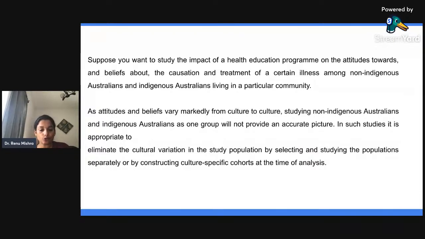You can't mix both the populations together. In that case, you will get a mix of attitudes, a mix of beliefs. Somebody says that we like the education program, somebody says that we did not like the program. So at this point in time, what will happen? You will not be able to reach any concrete results.